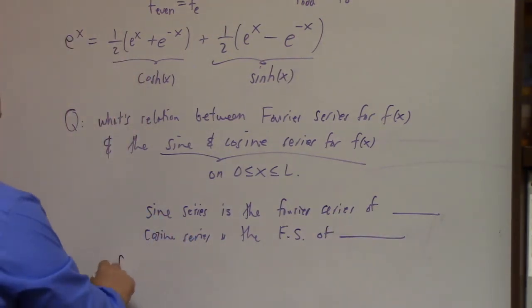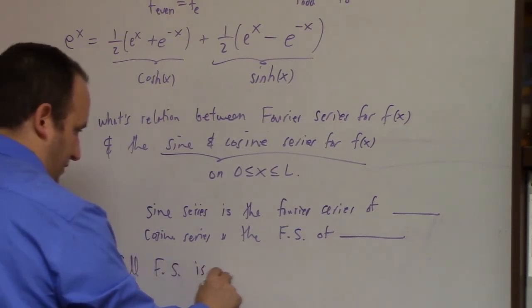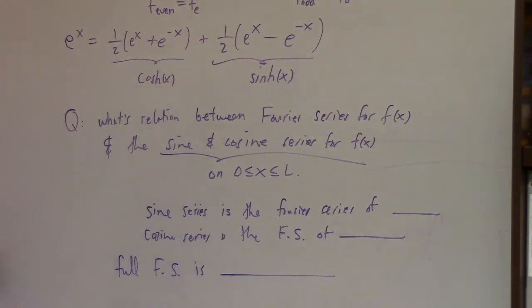And the full Fourier series is blank. Just fill in the blanks. So basically just this, the Fourier series of f of x equals the Fourier sine series plus the Fourier cosine series.